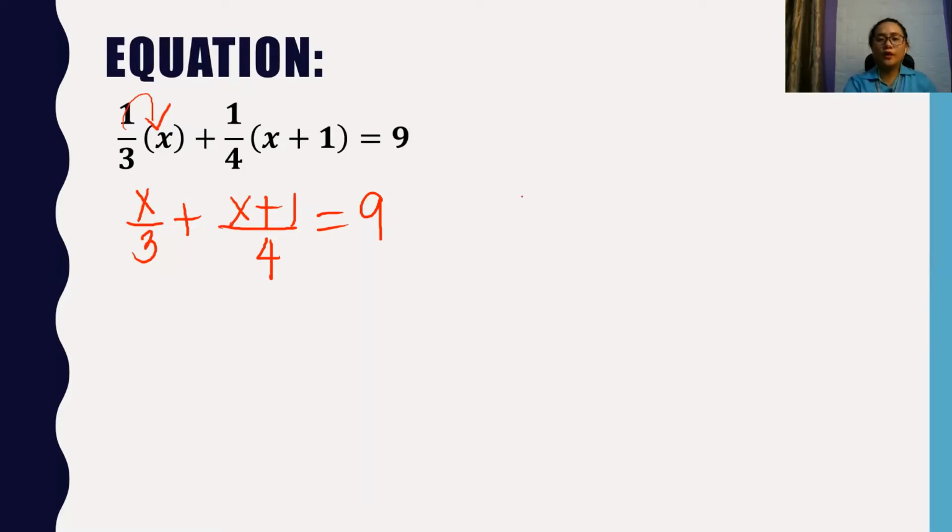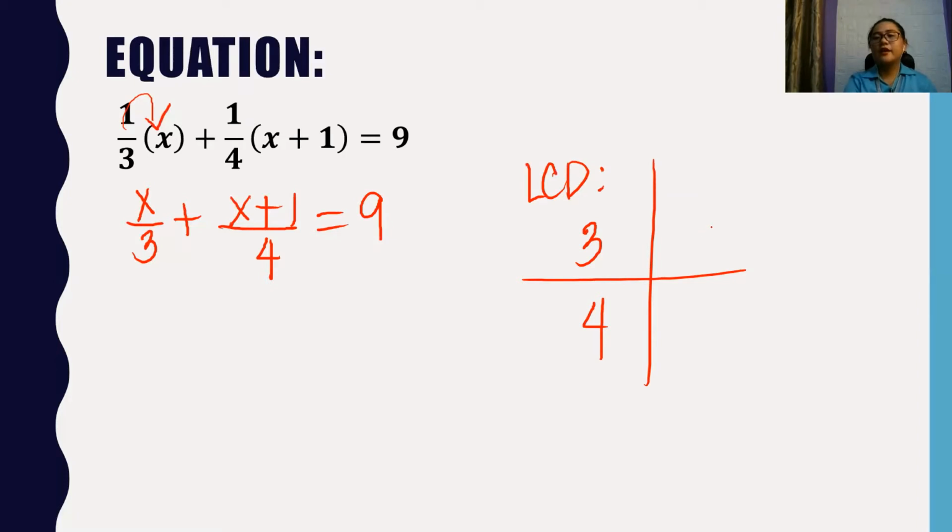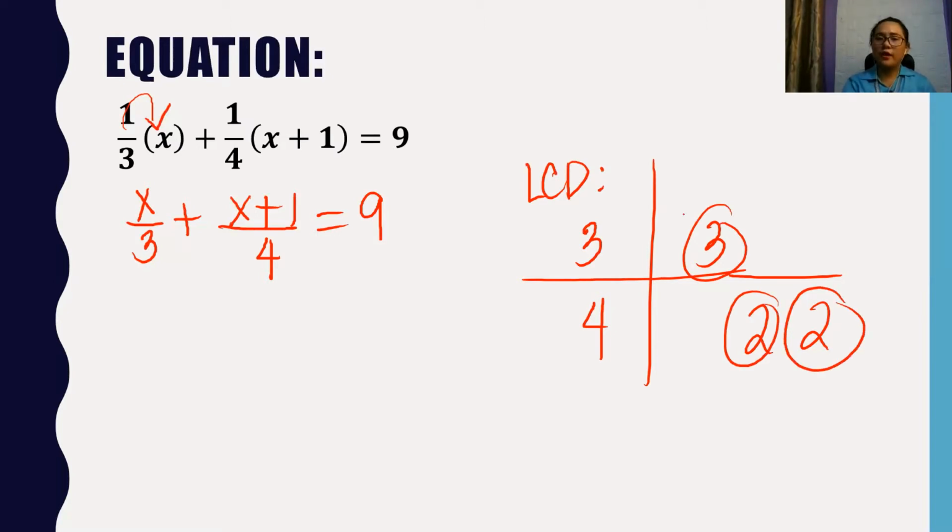So, if we're going to get the LCD of 3 and 4, we're going to look for the prime factor of 3, 3 lang. For 4 naman, we have prime factors of 4, 2, and 2. When you are going to multiply 3 times 2, 6 times 2, 12. So, the common denominator of this is 12. Therefore, the LCD now is 12.